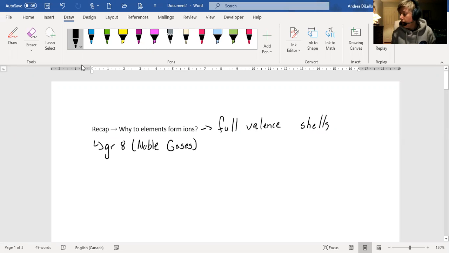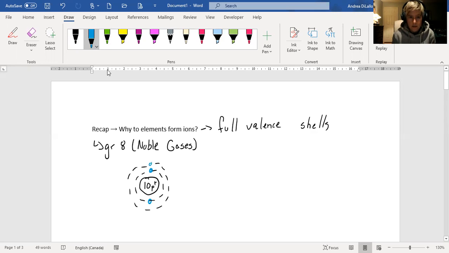So if we're looking at the example of neon, neon has 10 protons and it has 2 shells. The first shell has 2 electrons. And remember, our first shell is full at 2 electrons, and our second shell, which in this case would be its valence shell, is full at 8 electrons.